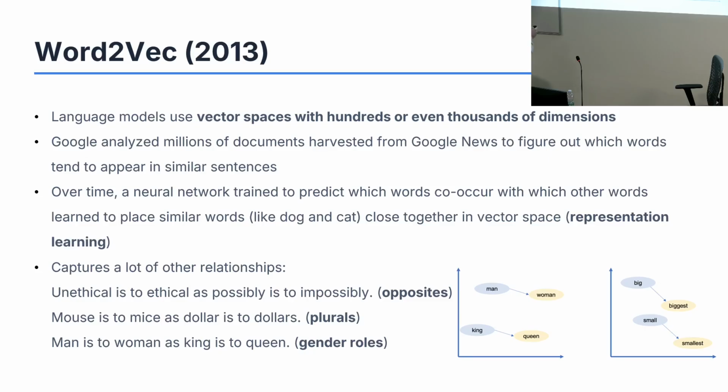A mouse is to mice as a dollar is to dollars. The notion of plurals. Maybe if you ask the neural network what a plural is, the neural network cannot give you an answer. But the neural network learned that these things are as related as these two things.